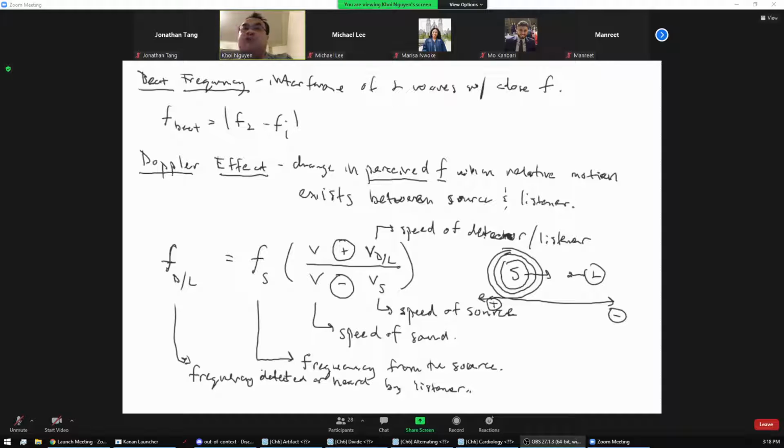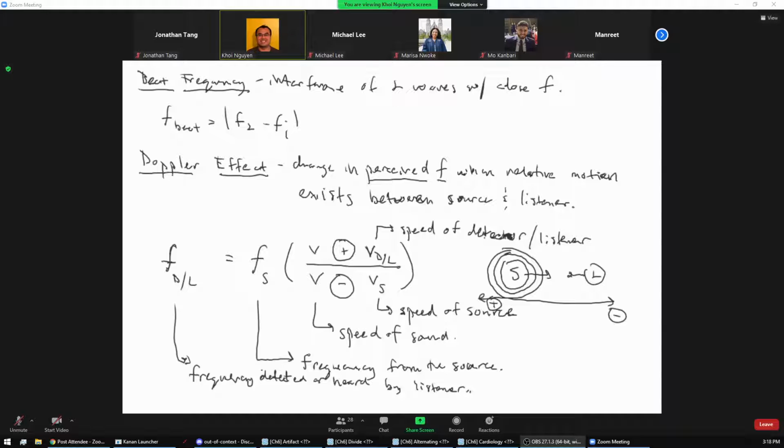So you get a perceived frequency change. It seems like it's happening more constantly and more frequently when it's approaching you, and then when it goes away, those sound waves appear to be less frequent. Does that make sense? And that overall effect is your Doppler effect in your system.